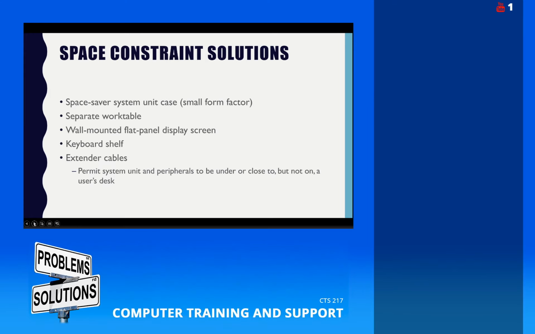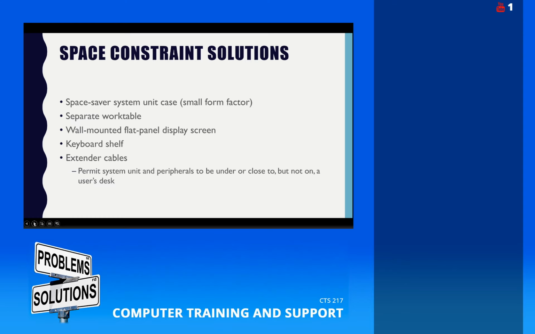So you're in a tight space. You're trying to put a lot of stuff into a tight space. What can you do? One thing you can do is consider smaller form factor cases for your devices.